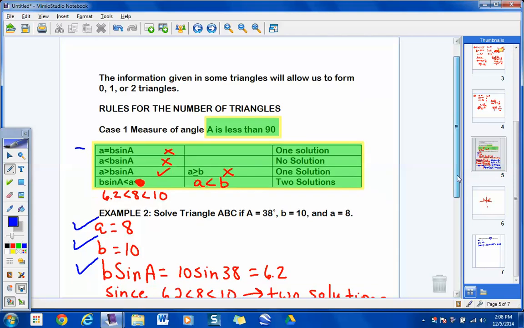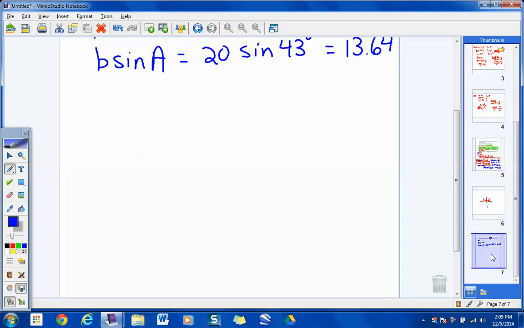I'll be, yep. I'm going to go back to this third page right here. So, we're saying by that condition right there, since 11 is less than 13.64, I should probably fill in the word since. Since 11 is less than 13.64, that implied that A was less than what?